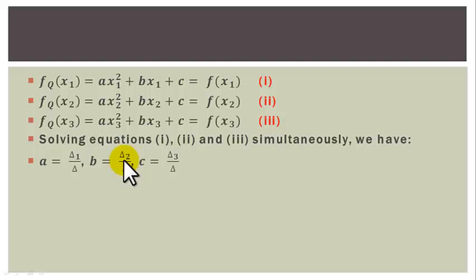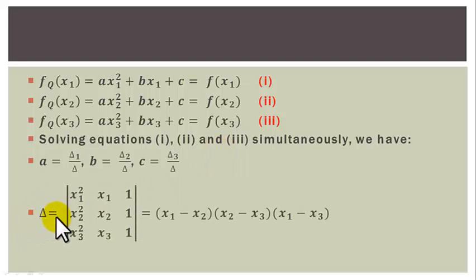Delta 2 is the matrix of the coefficient in which the second column is replaced by the right hand side, and delta 3 is the matrix of the coefficient in which the third column is replaced by this. That is, delta is the determinant of this matrix of the coefficient.